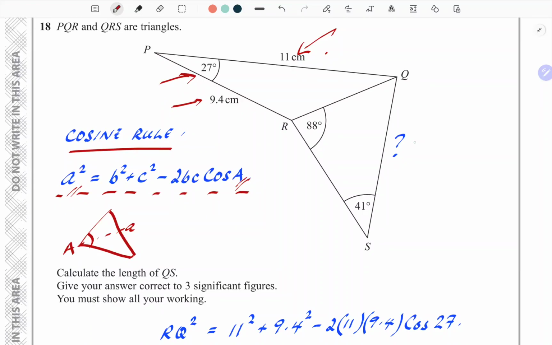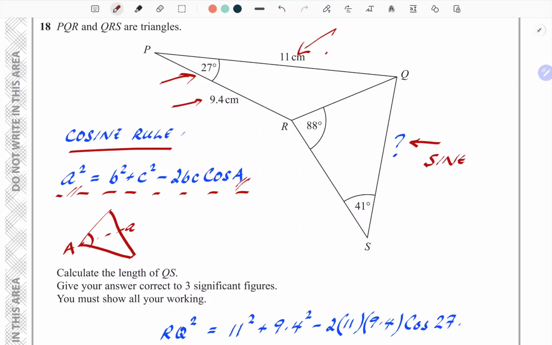So what we're going to do is set up a relationship. We want to find this side here, QS. But we don't know anything about it except the angles. In fact, we know all three angles, but we don't know any of the sides. So in order to work out the length of a side, we have to know at least one other length to be able to use the sine rule.